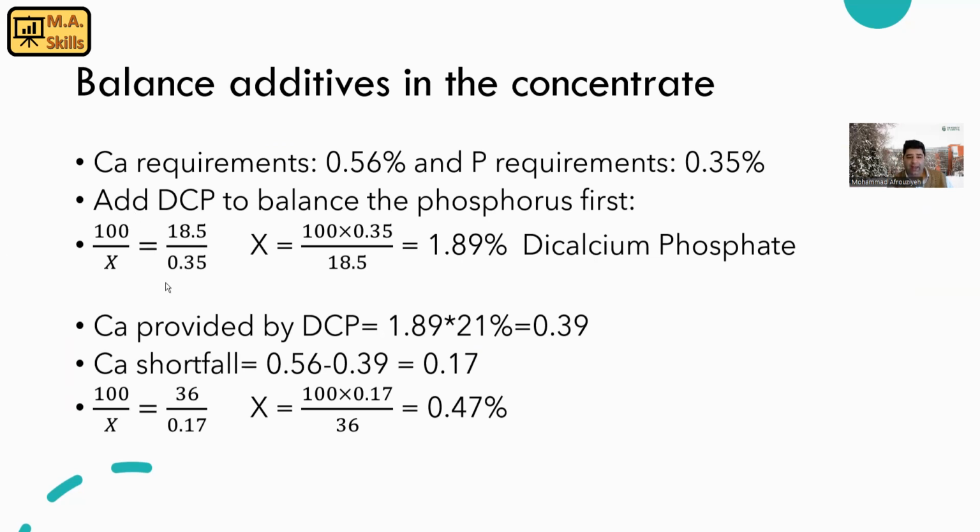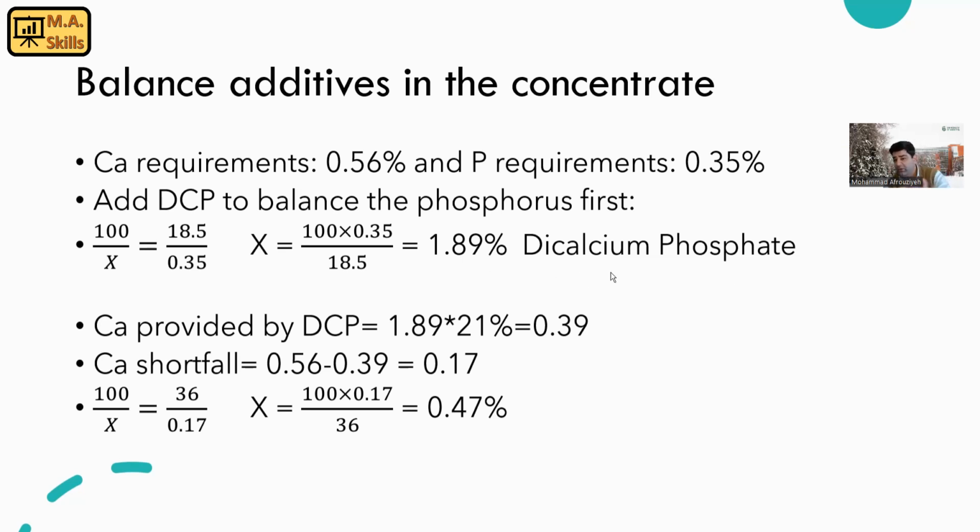Now, I need to have 0.35% phosphorus. How much dicalcium phosphate do I need to add, which is the X here. So just do a cross multiplication, 0.35 times 100 divided by 18.5, it's gonna give you 1.89% dicalcium phosphate.